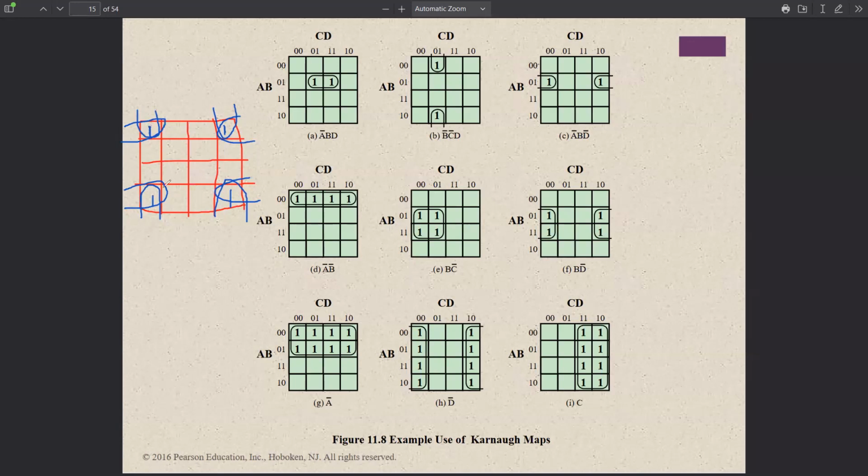So how many groups are there? I will do it again. So this is the given Karnaugh map. You can group this one and this one and this one and this one. So this is one example. Let's draw another table.